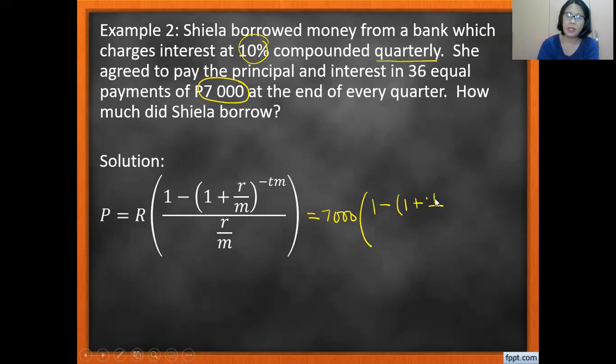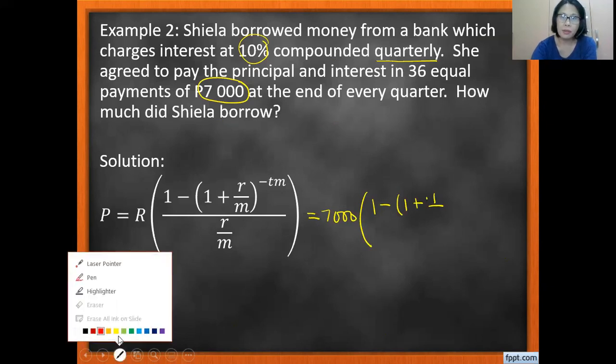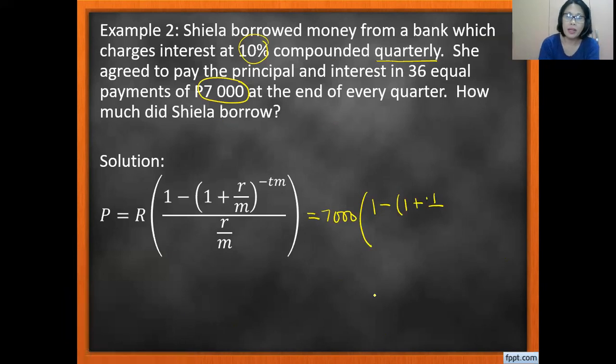Substituting the given in the formula, we have 0.1 as the annual interest rate over 4 since it's quarterly, and then to the negative 36, since we have 36 equal payments, meaning 9 years and 4 quarters. That is all over 0.1 over 4.